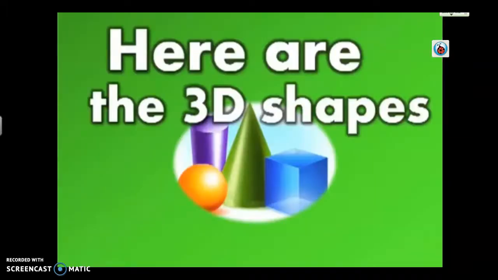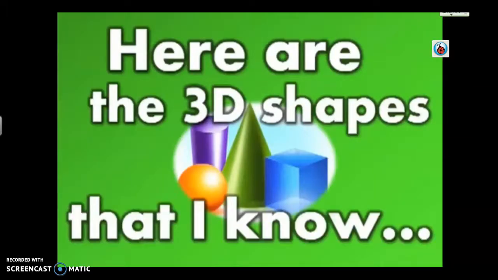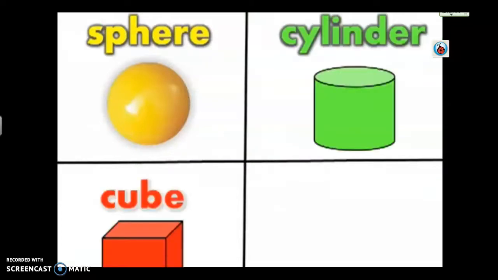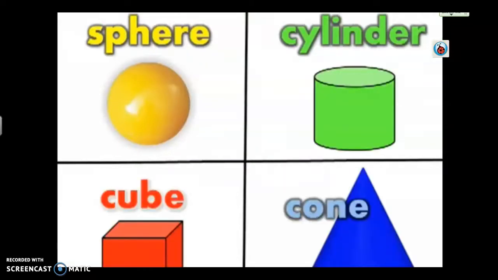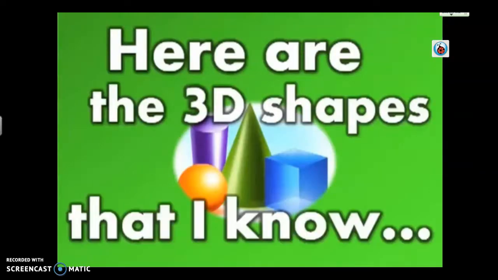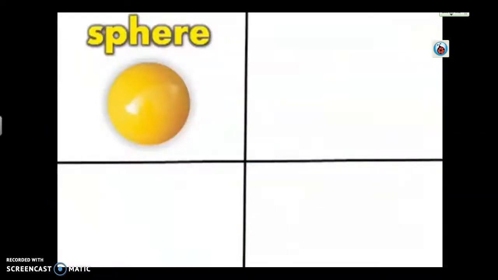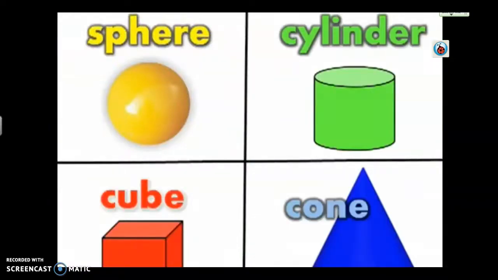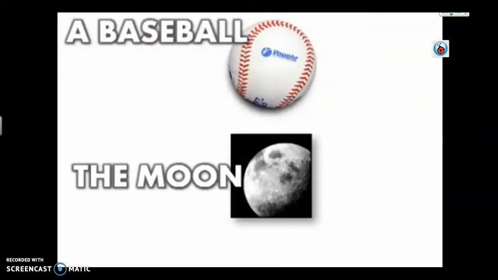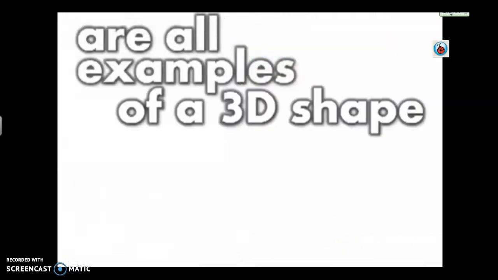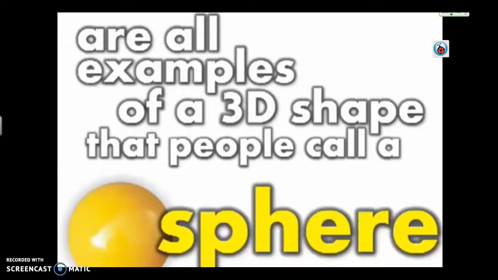Here are the 3D shapes that I know. A sphere, a cylinder, a cube, and a cone. A baseball, the moon, and an orange I have right here are all examples of a 3D shape that people call a sphere.